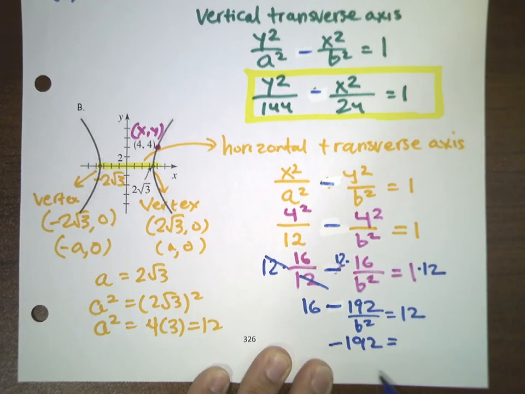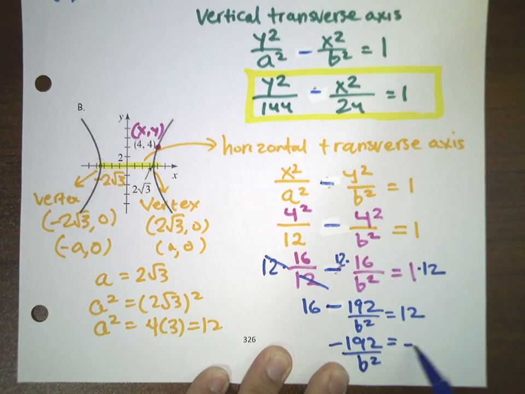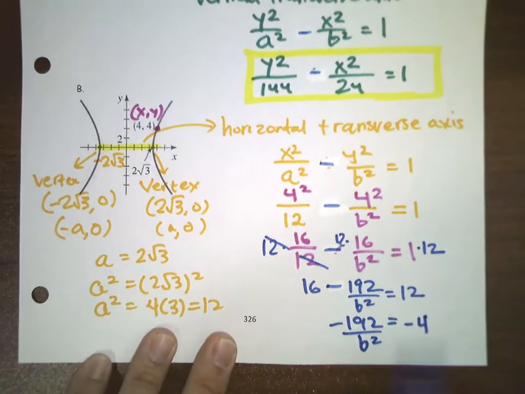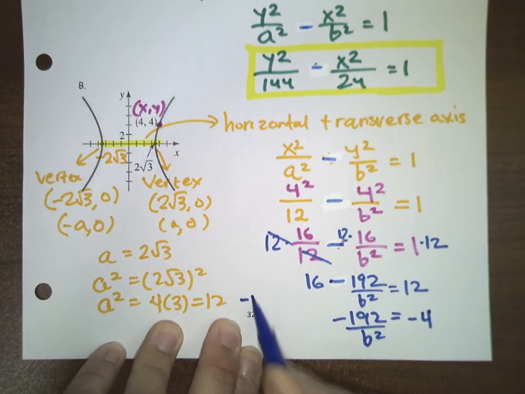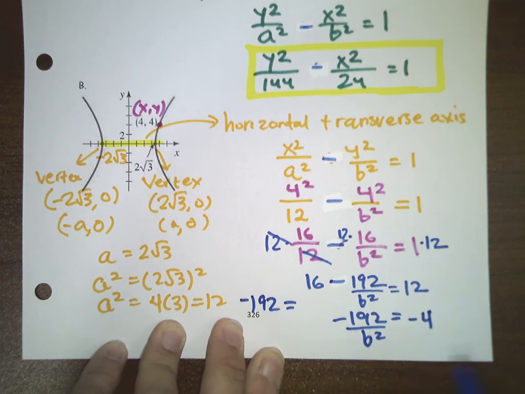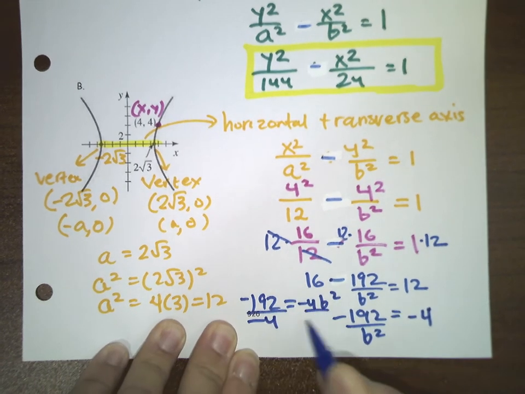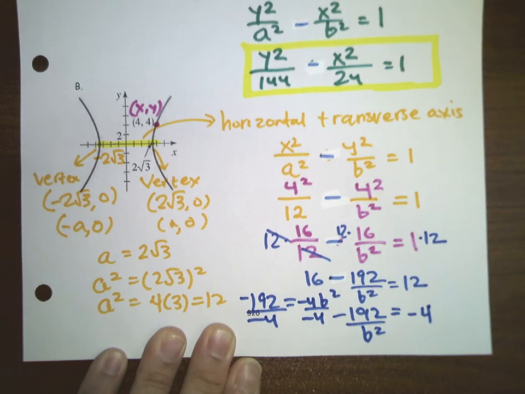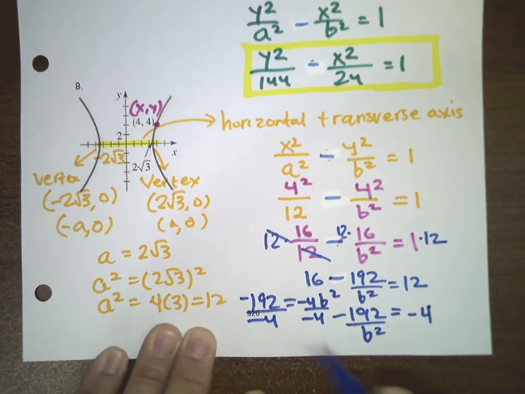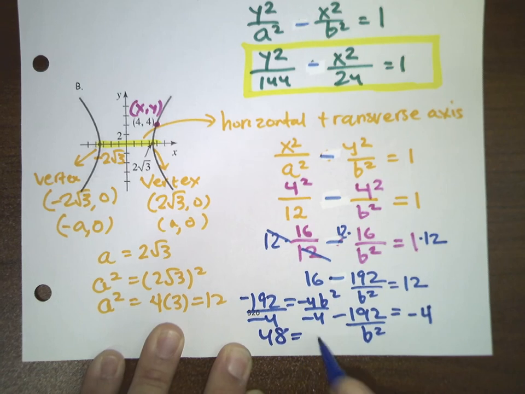All right, so negative 192 over b squared is negative 4. So negative 192 will be equal to negative 4b squared, and then divide by negative 4 on each side. Then b squared is equal to 48.